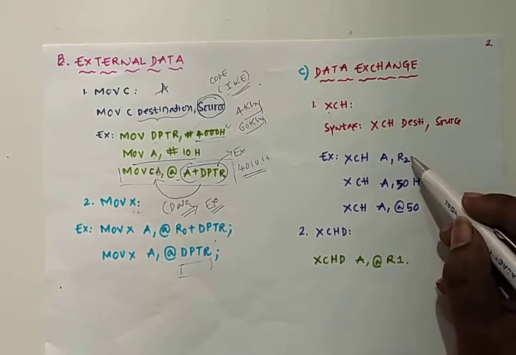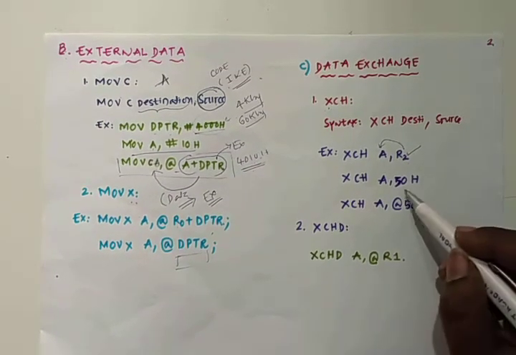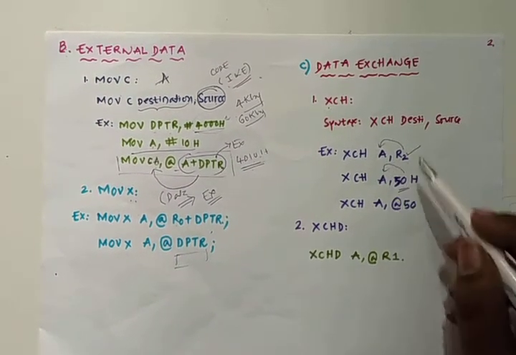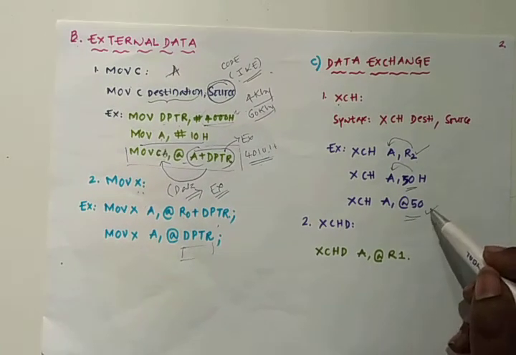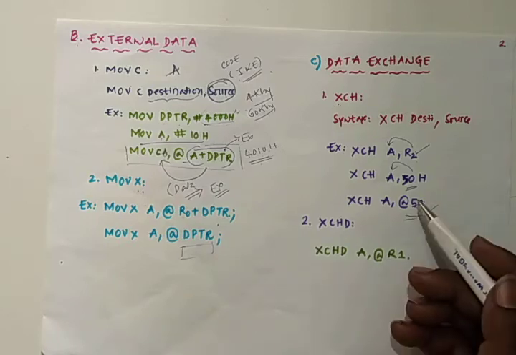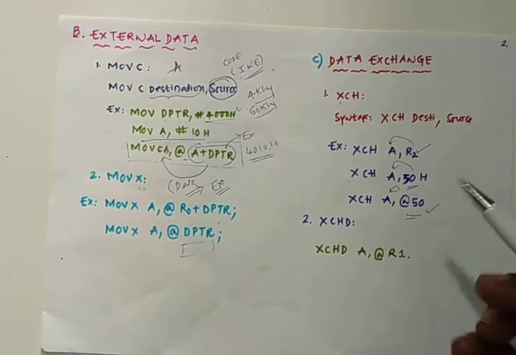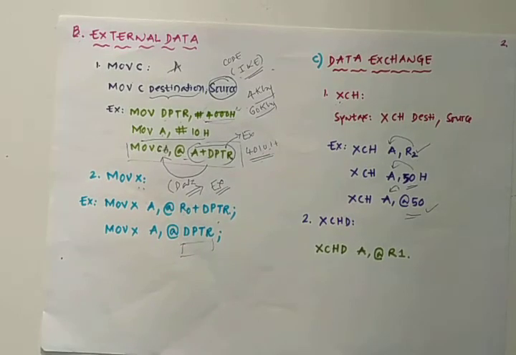See this one, it is R2, an internal register, and this is complete data to the accumulator, and this is at 50. At 50 means the memory location 50, where we will be having the data that will be moved into the accumulator. This is the data exchange instruction.